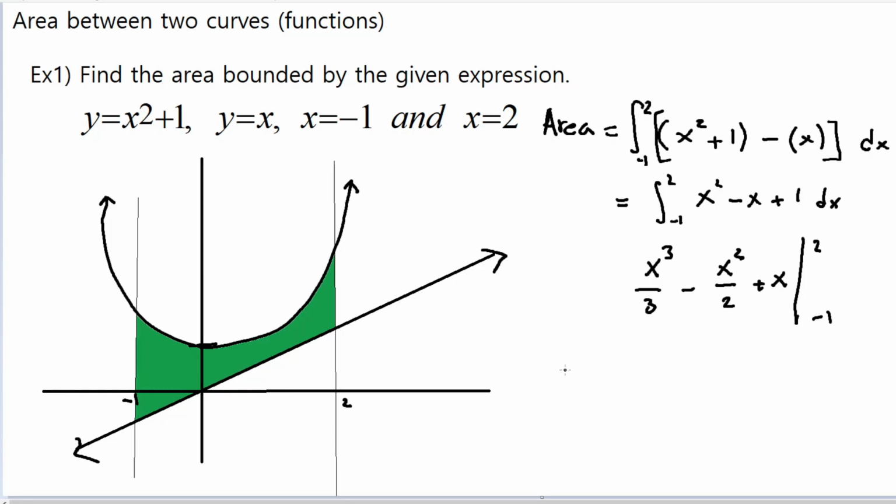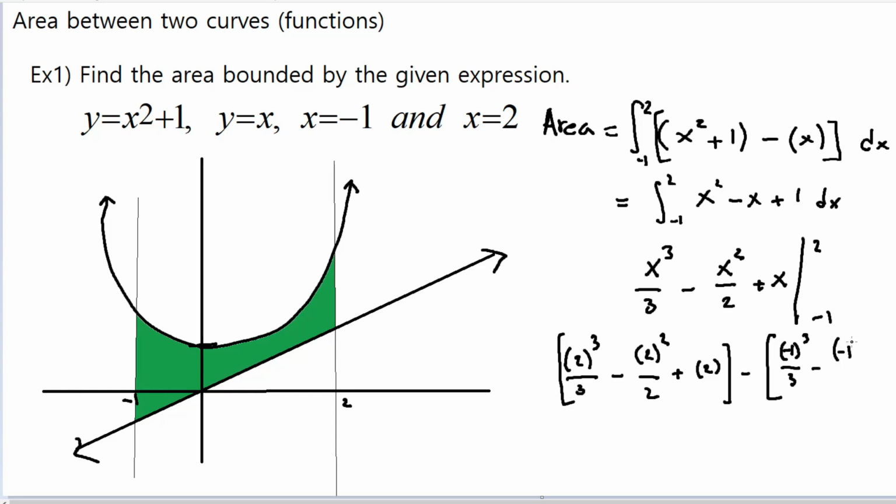Substituting positive 2 wherever x is to calculate the definite integral, and subtracting the substitution of negative 1.